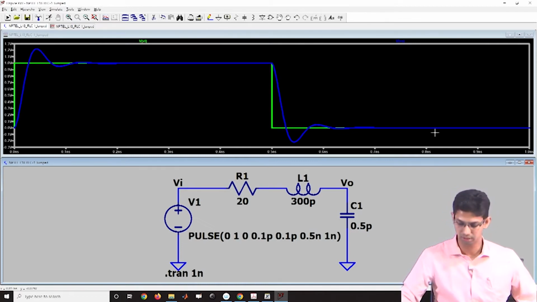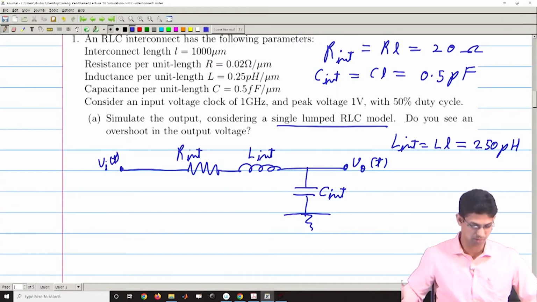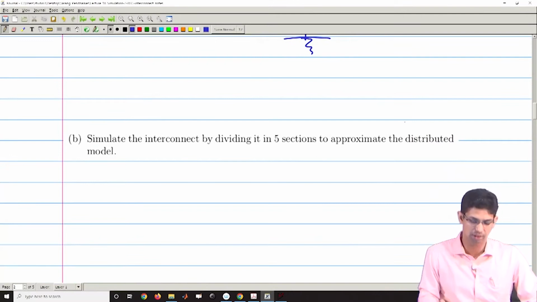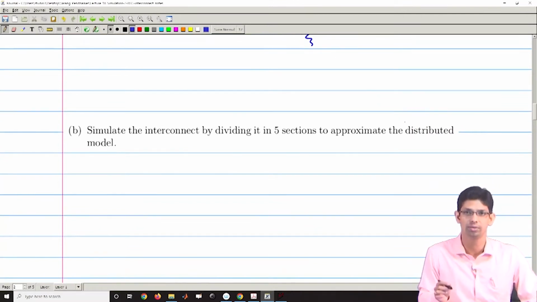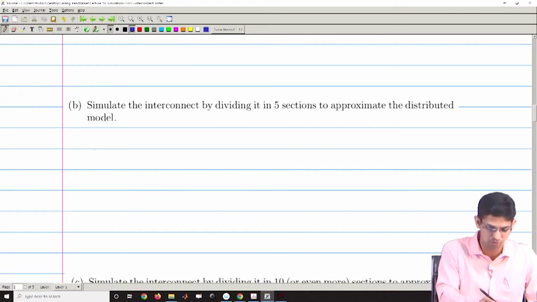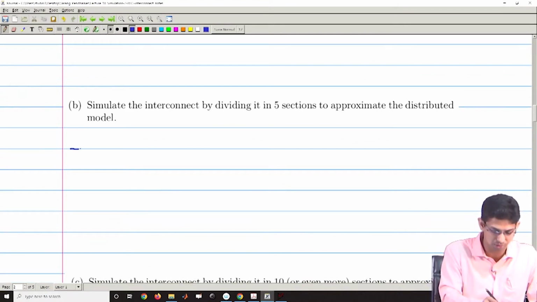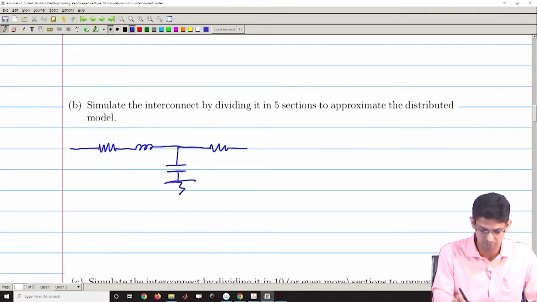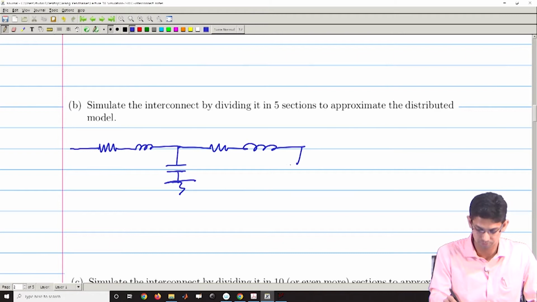Now, what is interesting is the additional parts. So, now let us simulate this interconnect by dividing it into 5 segments of equal length. So, what we will be doing is, instead of one segment, I have 5 segments.